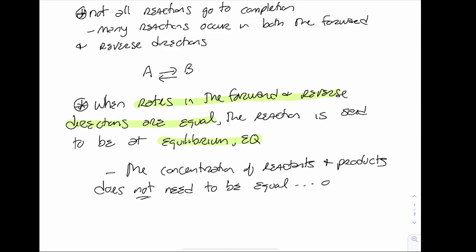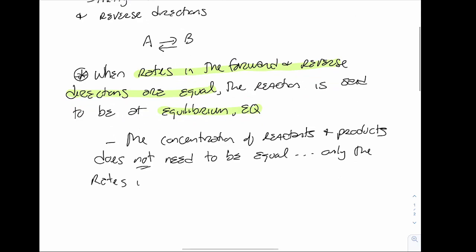Only the rates. So be really careful. That's a really common misconception, right? We think equilibrium, we think, well, A and B have to be equal. They do not, right? Only the rates at which you're forming B and the rates at which you're forming A have to be equal. I know I'm beating this to death, but it's really important.